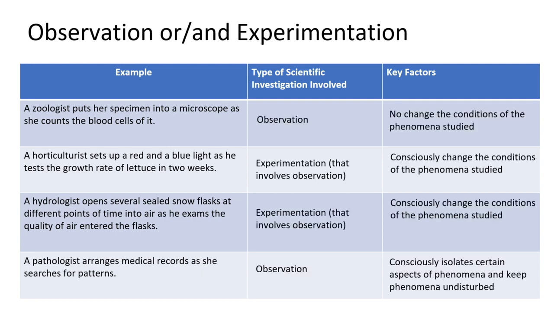Now, as you can see, if you got it right, examples 2 and 3 involve consciously changing the conditions of the phenomenon studied, therefore they are experimentation. Please note, to gather evidence, experimentation always involves observation.